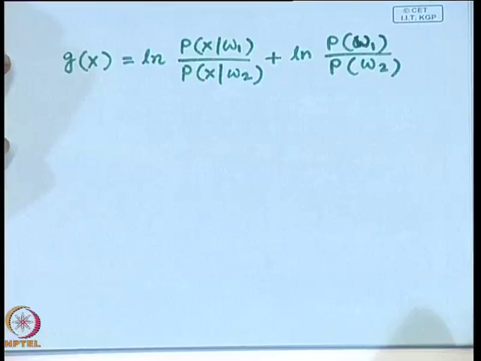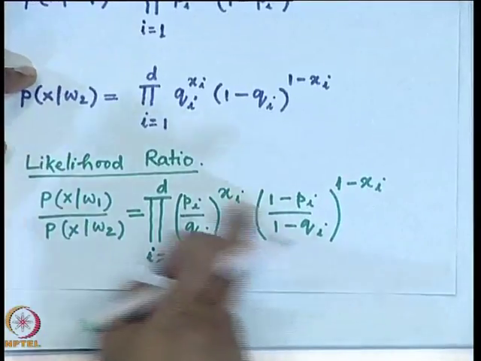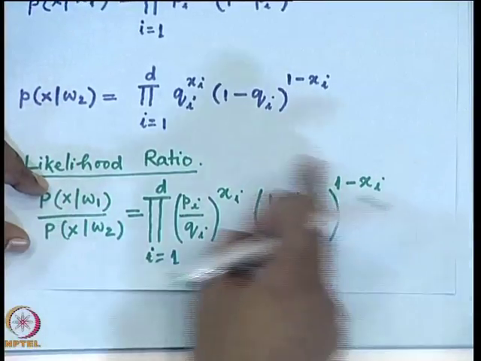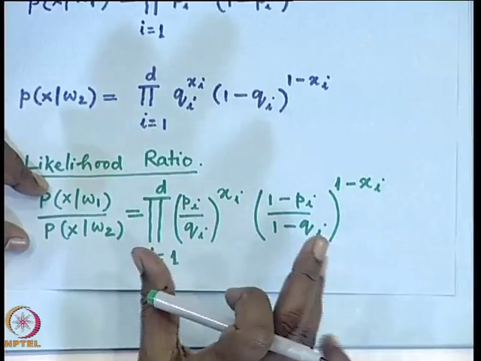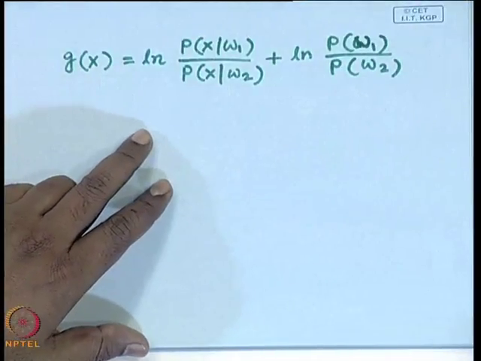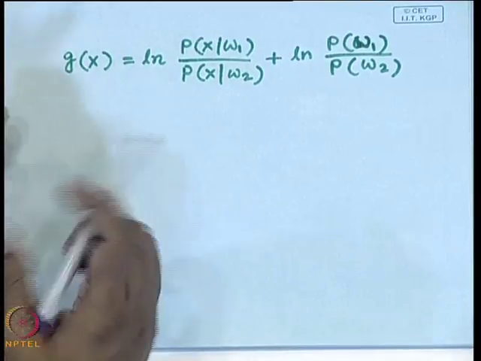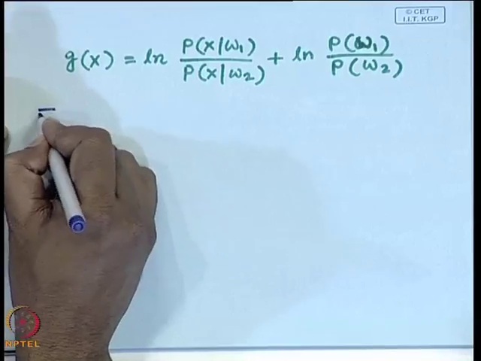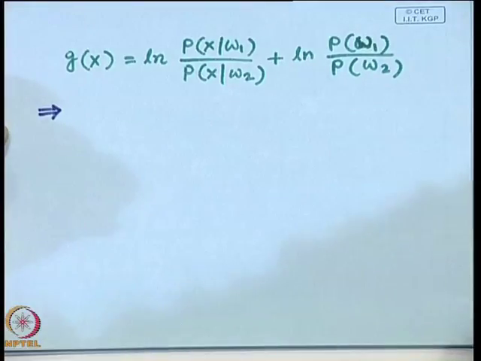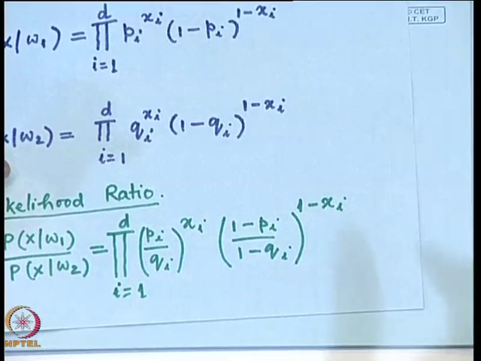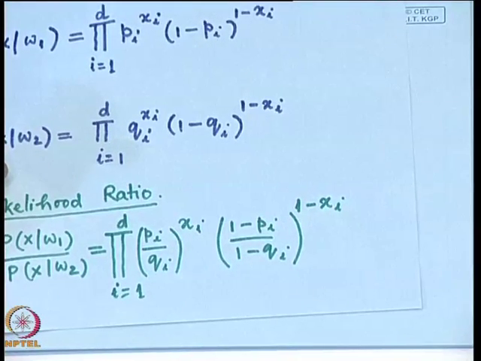Okay. Now, if we put this p of x given omega 1 upon p of x given omega 2, which is equal to this expression, into this function, because we are taking logarithm, the product term over here will be converted to a sum of logarithmic functions.